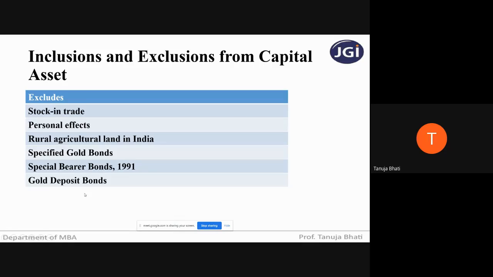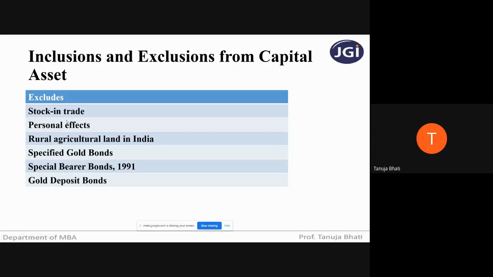So we have seen what is the meaning of capital asset, what it includes, what it excludes. Students, exclusions from capital asset is very, very important. Even for your theory question, this is very important. And even to identify whether a particular problem needs to be solved under capital gains or not, these exclusions are very, very important.